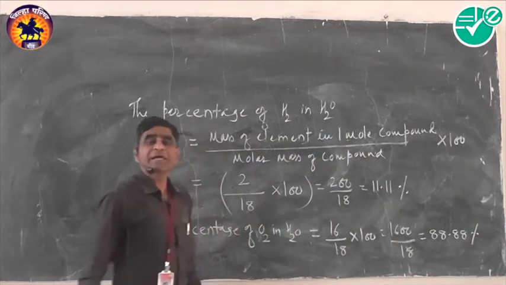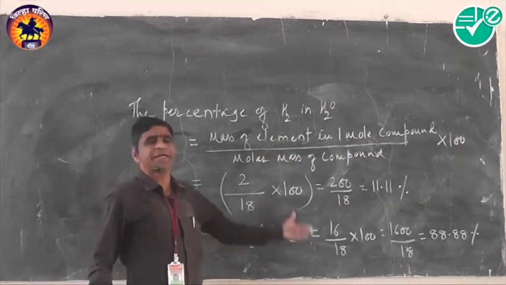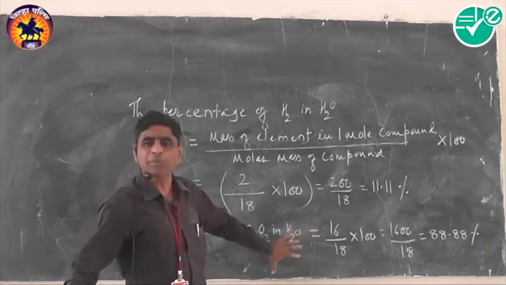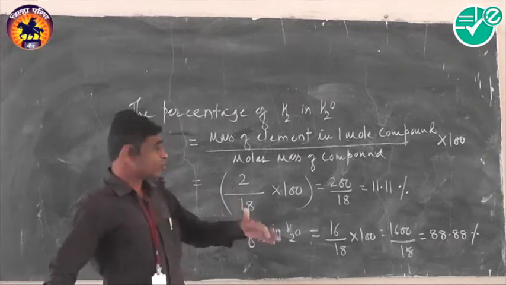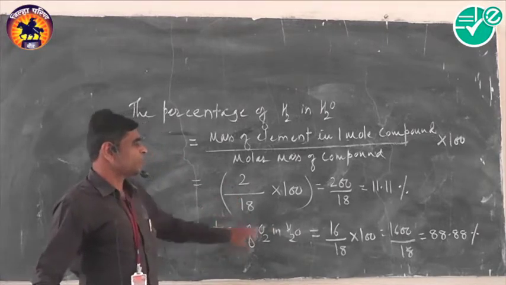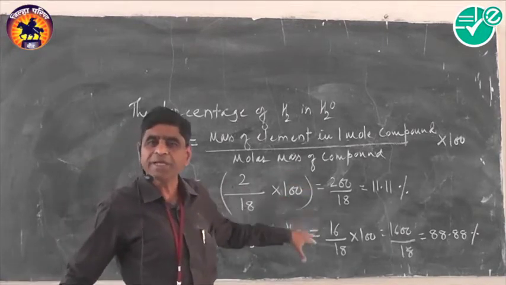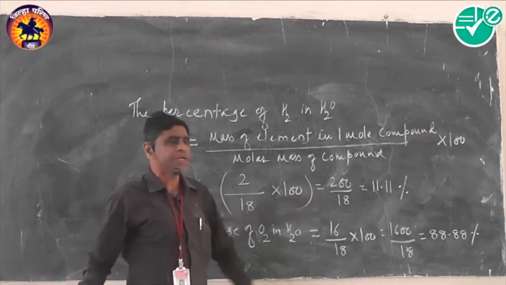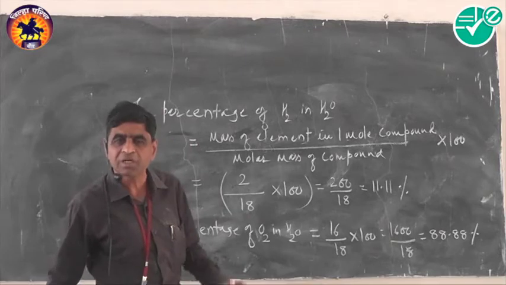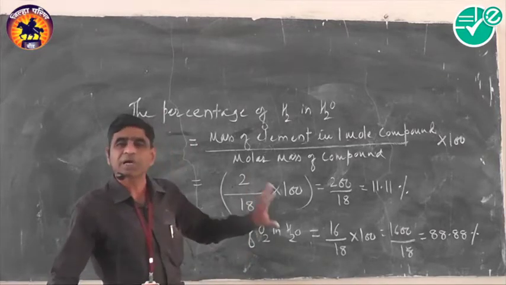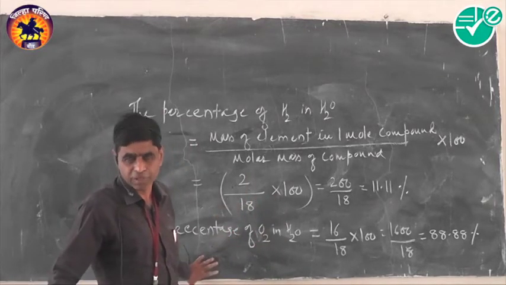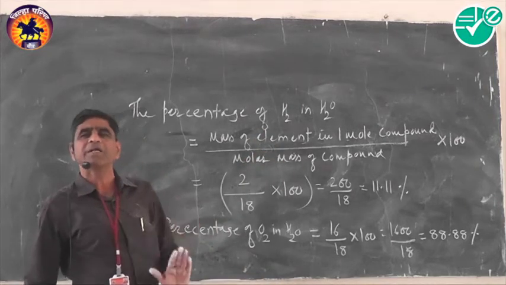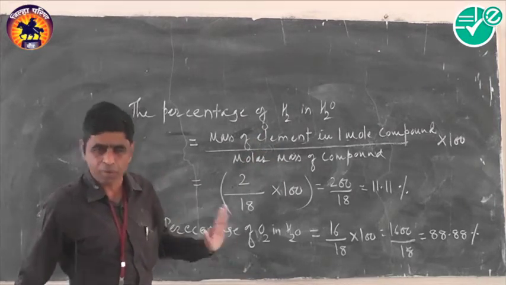Then again, how do you decide the percentage purity of water in terms of percentage of oxygen? If a given sample of water consists of 88.88% of oxygen, indirectly that sample of water is 100% pure. And thus from the percentage of a given element you can decide the purity of the given compound.